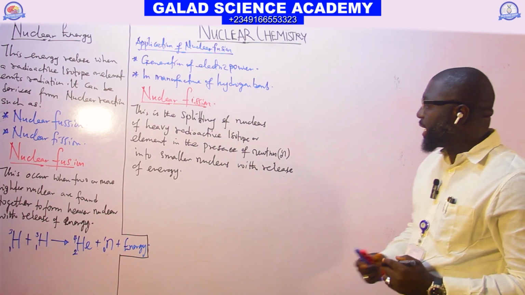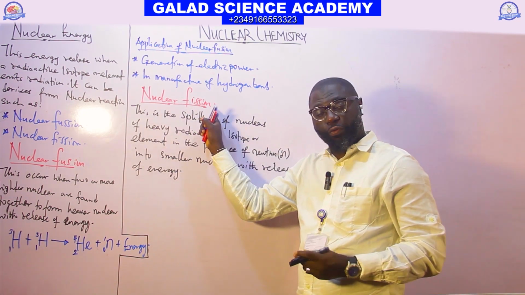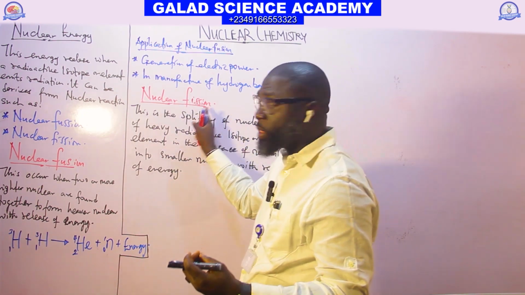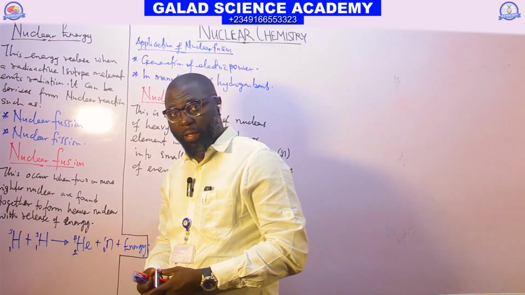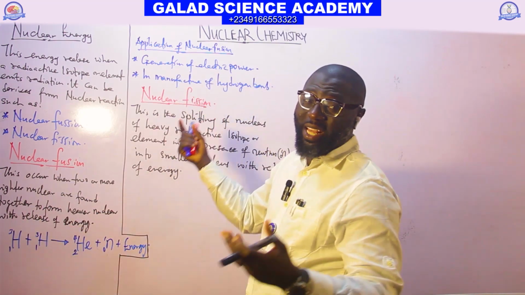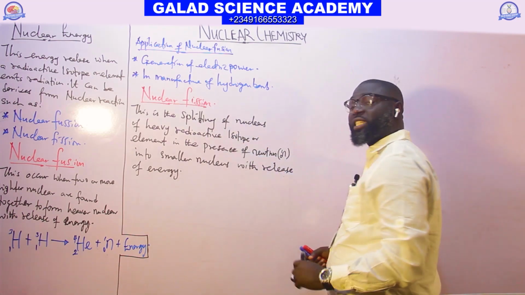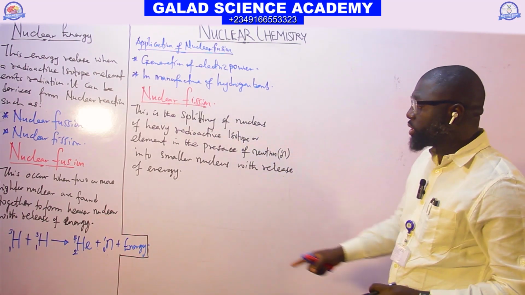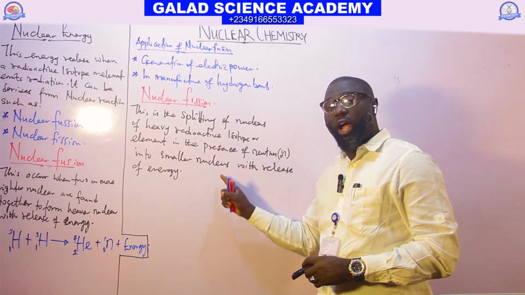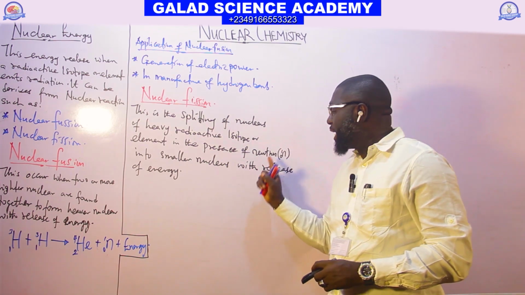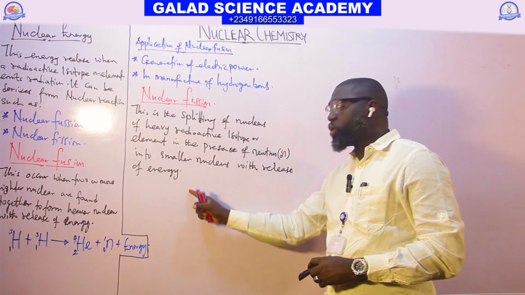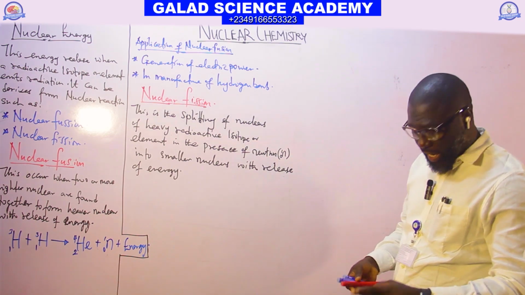Like I said earlier, fission means to split, whereas fusion means to combine. So here we want to split the nucleus of a radioactive element into smaller radioactive elements in the presence of neutron to release energy.